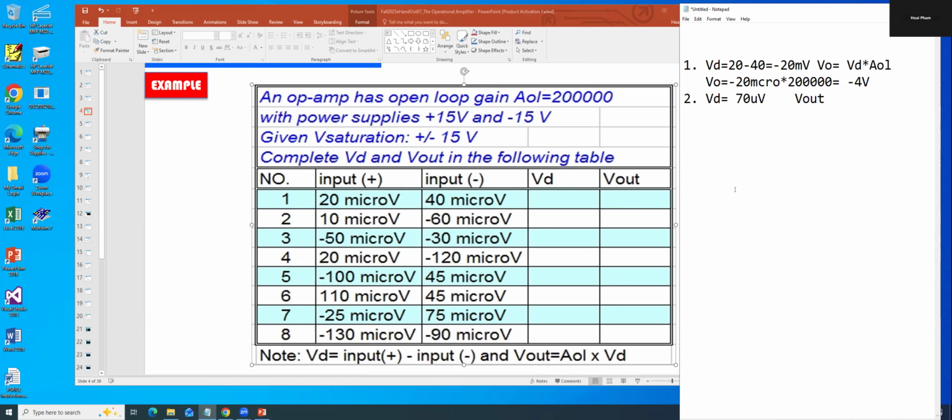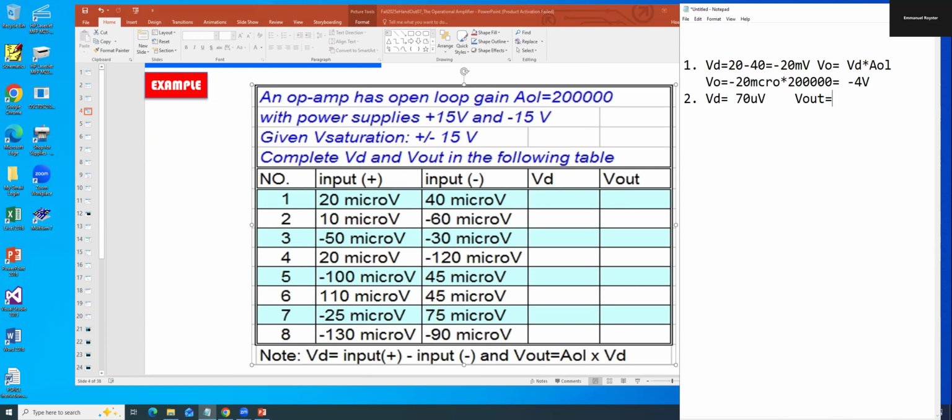And what is VL? 70 microvolts times 200,000. Yeah. Should be minus 14 volts. Never mind, I think I'm wrong.